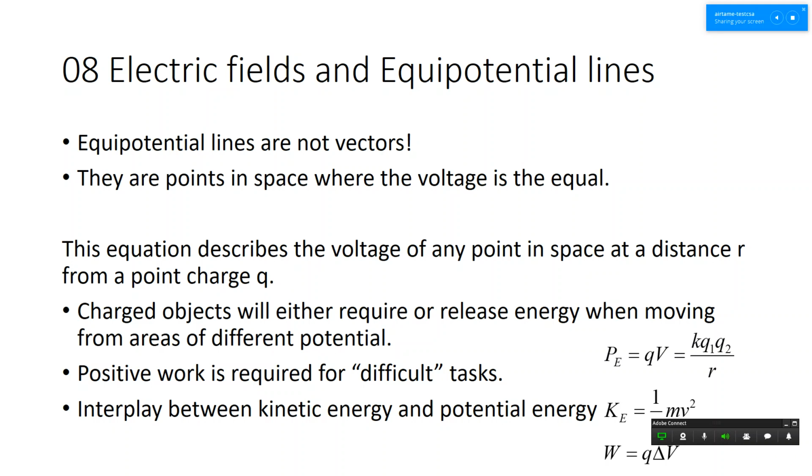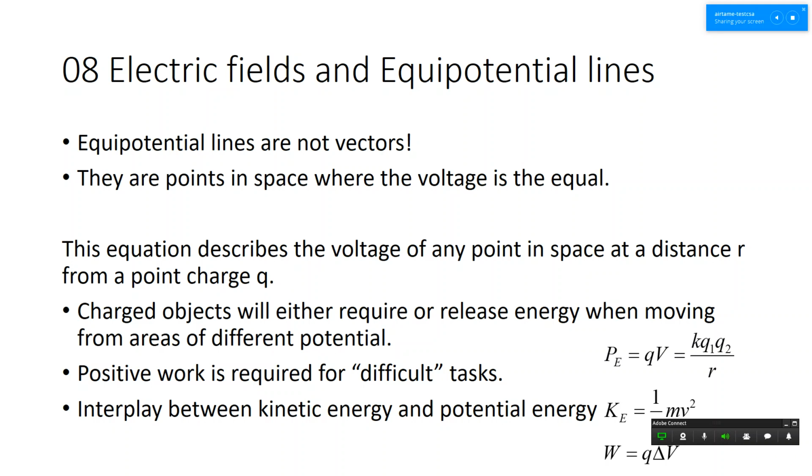Okay, so then we talked about equipotential lines. If you remember, equipotential lines are an infinite number of points where the electric potential is the same along each of those points on that line. That means no matter where I put my charge on this equipotential line, it's going to have the same amount of potential energy.